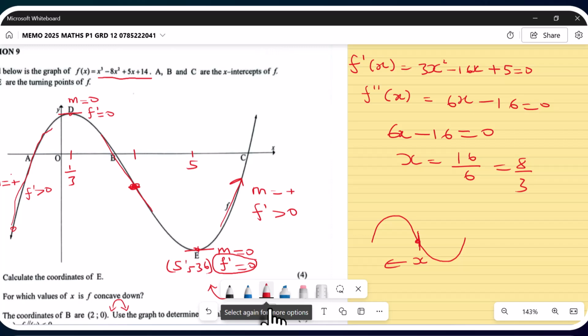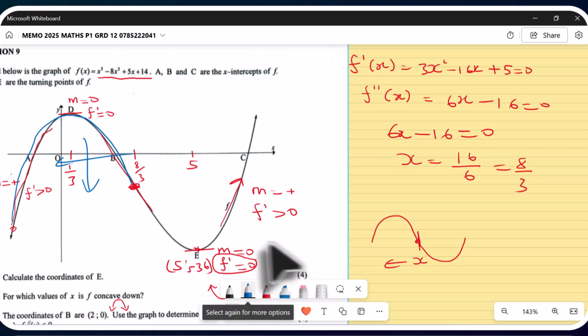So there's going to be all x values less than 8 over 3, as you can see, these ones going this side. That's what we're looking for here. So in other words, the function is concave down for all x values less than 8 over 3.